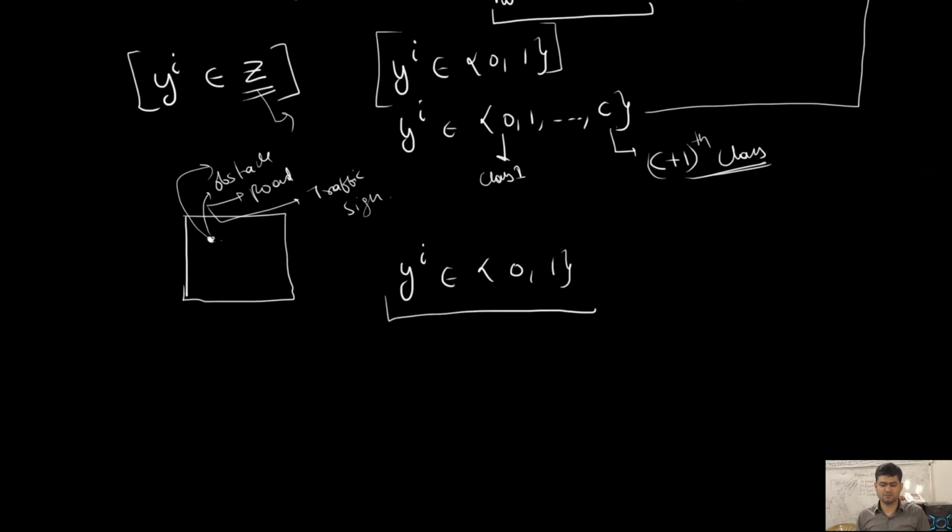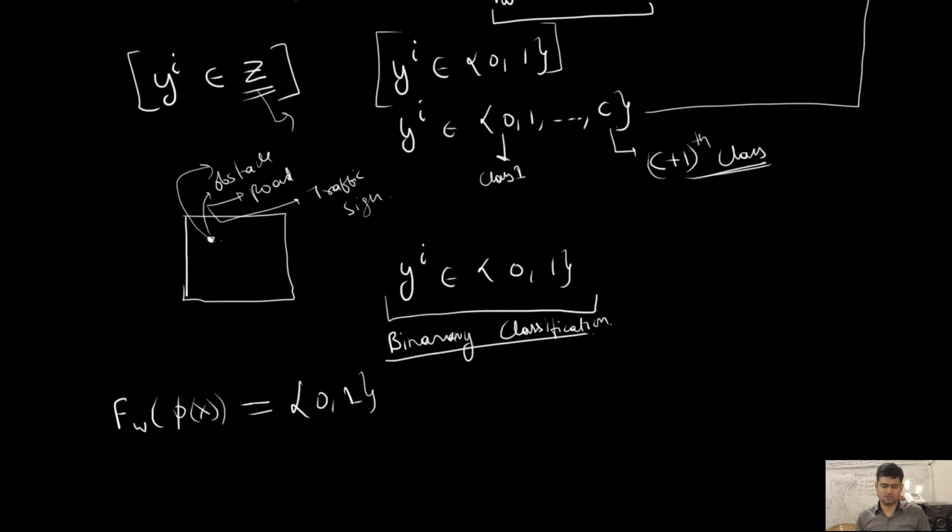So this kind of problem is known as binary classification. That is, the function f maps the x to 0 and 1, right?